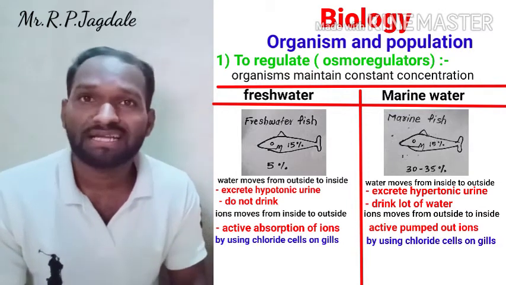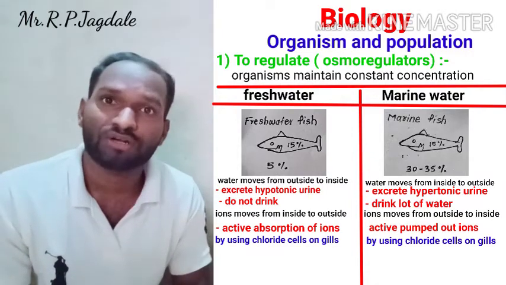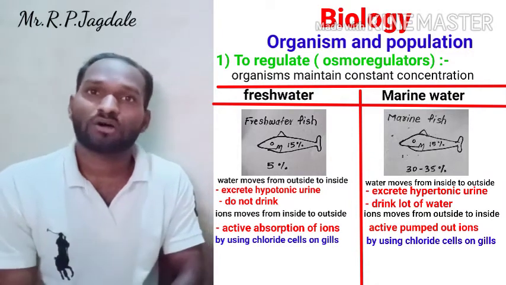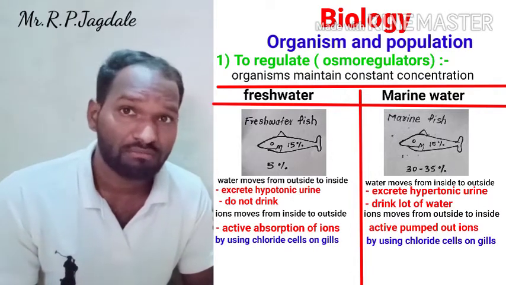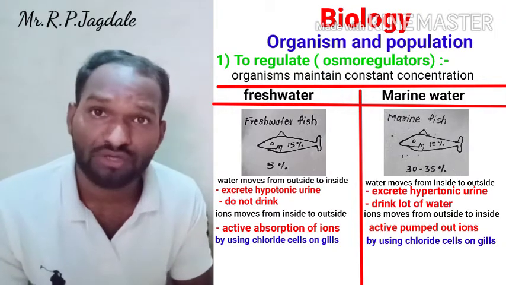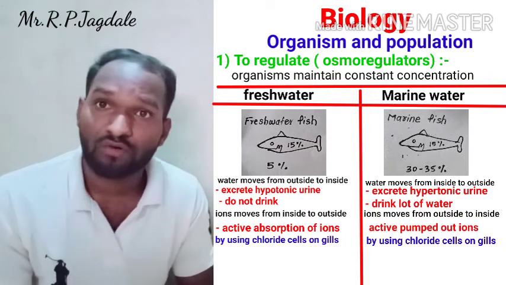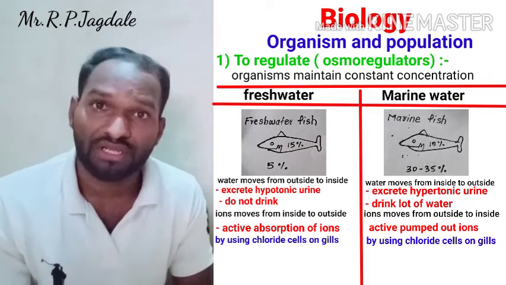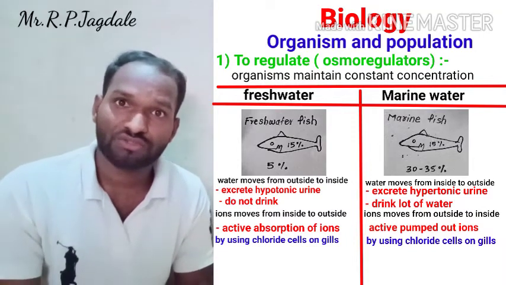Again the chloride cells are useful, and these chloride cells are present on the gills. So the gills function both in absorption of ions and in pumping out of ions. Gills and chloride cells are very important for osmoregulators to regulate in sea water and in fresh water also.